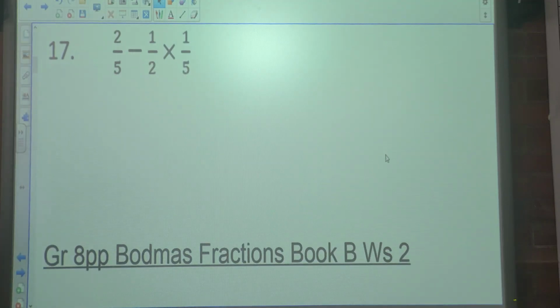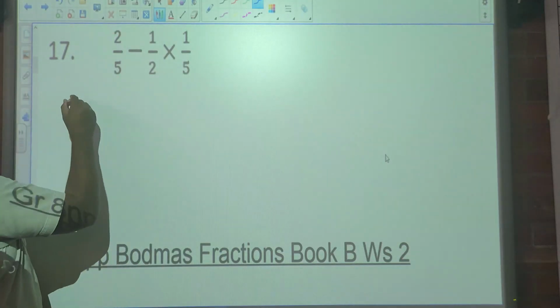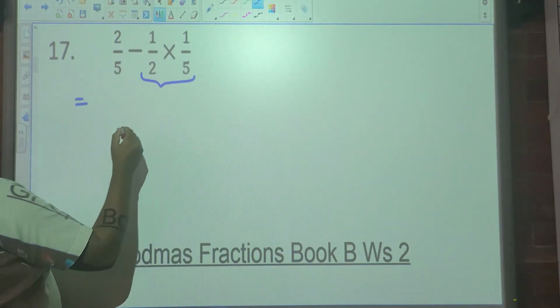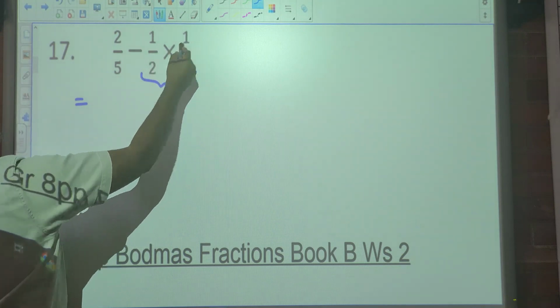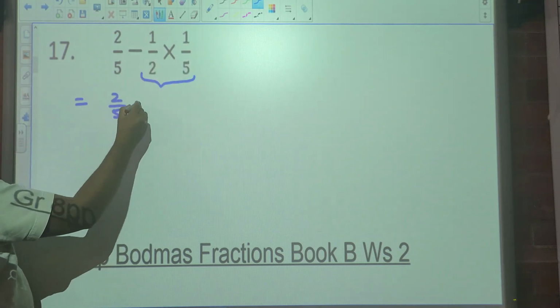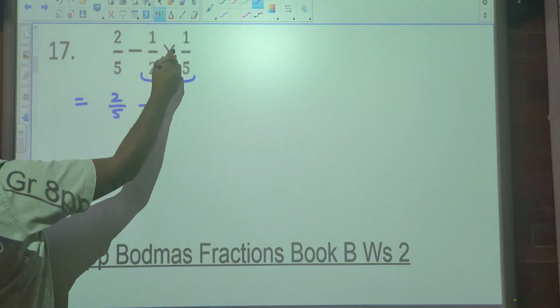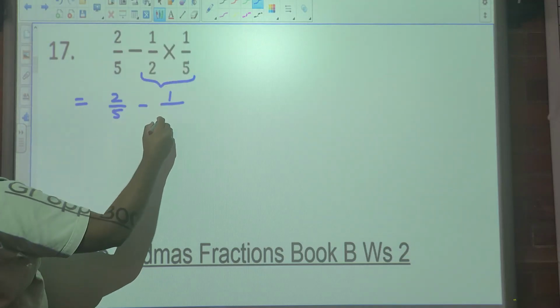People, the next one we got 2 over 5 minus a half multiplied by a fifth. Okay. So what needs to be done first? Multiplication. See anything you cancel here? No? Yeah? So it's 2 over 5 minus 1 multiplied by 1 is 1. 5 multiplied by 2 is?